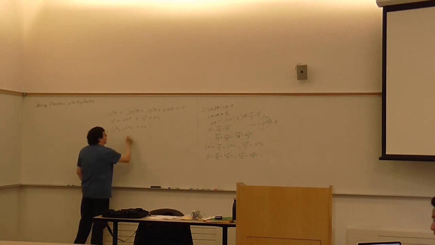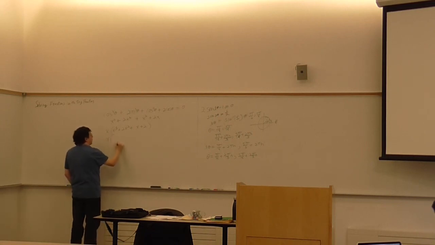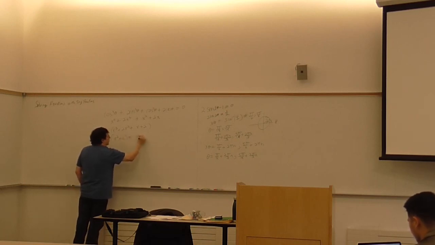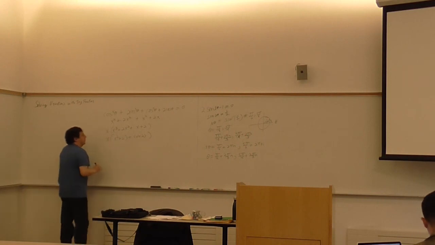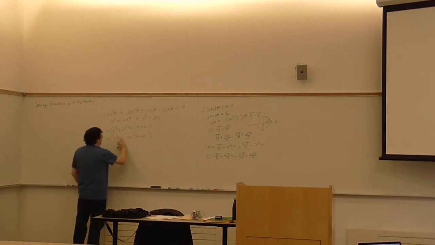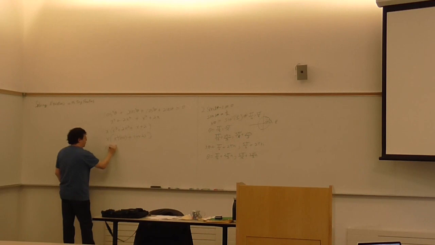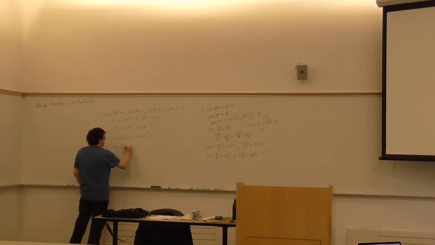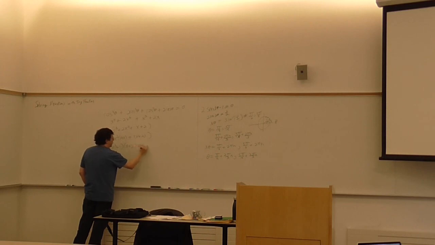This makes me think maybe I should try grouping. So this is x squared times x plus 2, plus x plus 2. Did I do that wrong? So this becomes x squared plus 1 times x plus 2 equals 0.